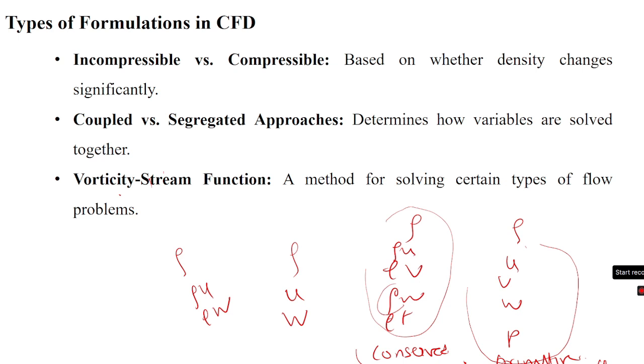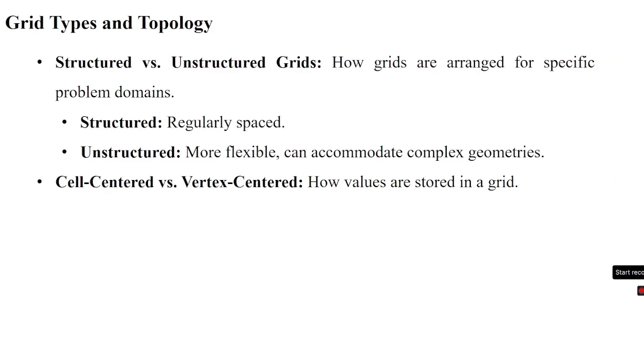Then we always talk about the grid structure: the structured grid. These grids have a regular, organized layout, so they are computationally easier to work with, but they may not work well for complex domains. Unstructured grids are more flexible and can be used to model complex geometry, but they are computationally more demanding.